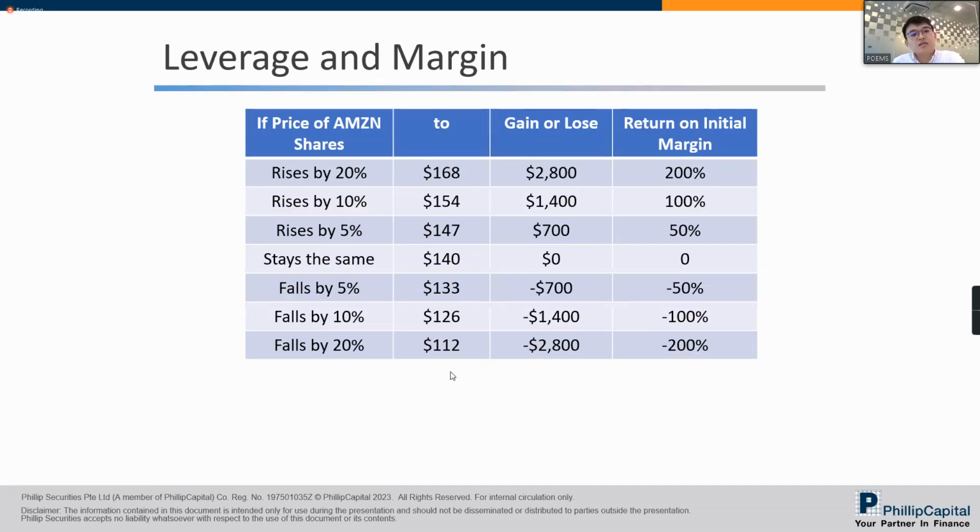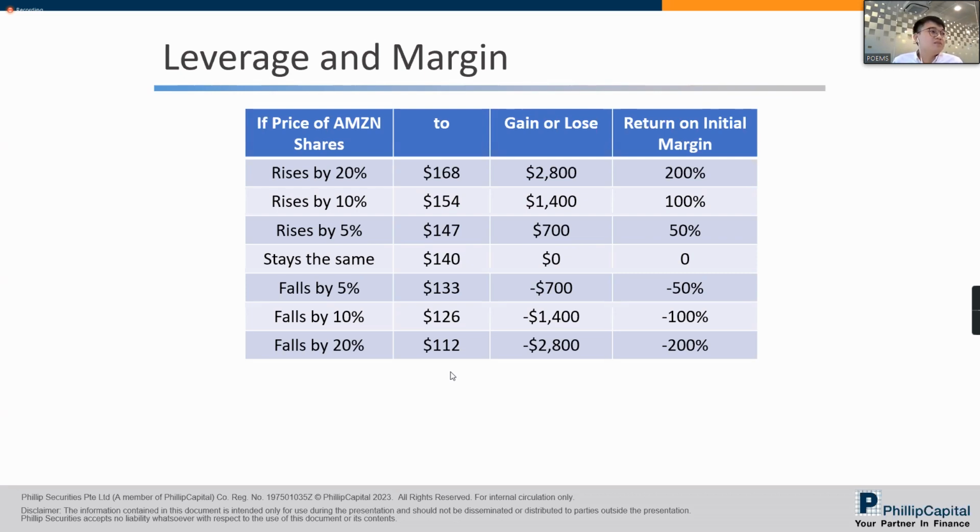So this is the table you can all see. If the price of the share of Amazon rises by 20%, which is to $168, the gain you will receive is 2,800, which is 200% of the initial margin.